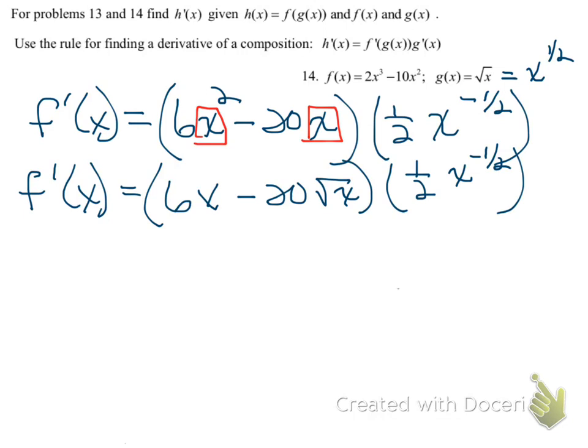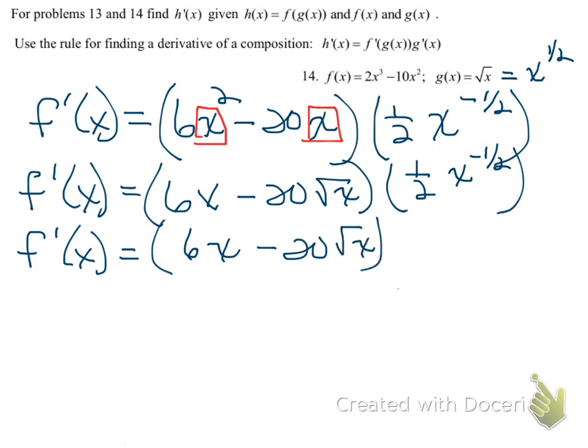So remember, I've always said that those negative exponents are awesome for taking derivatives but terrible for evaluating them. So we're going to go one more step and clean this up so I can see what I have. So I have 6x minus 20 radical x. That's all good. And then this is times 1 over 2 radical x.